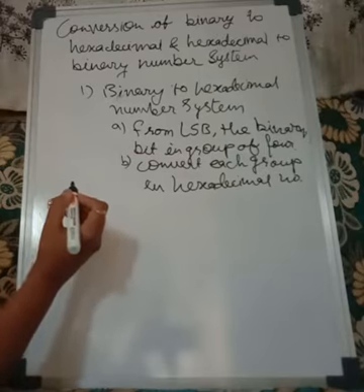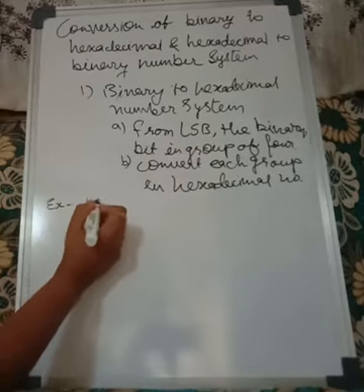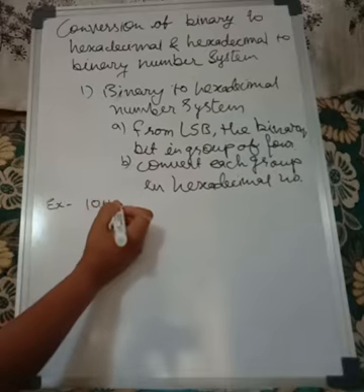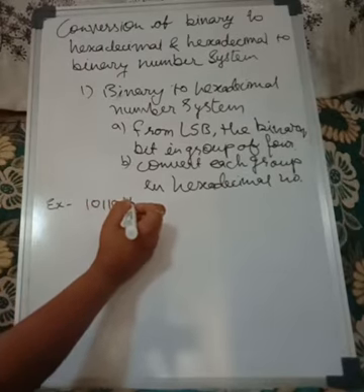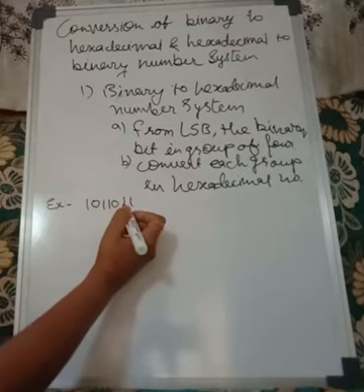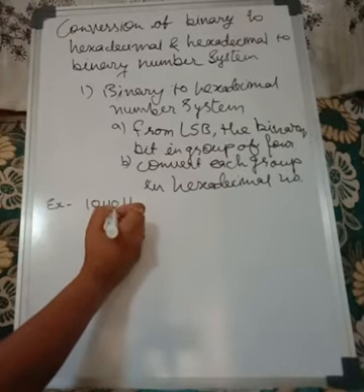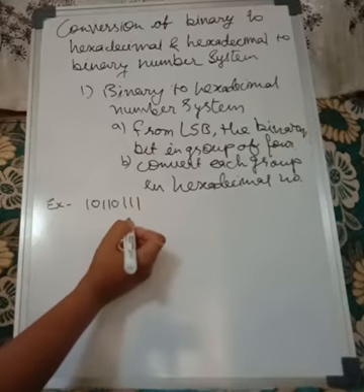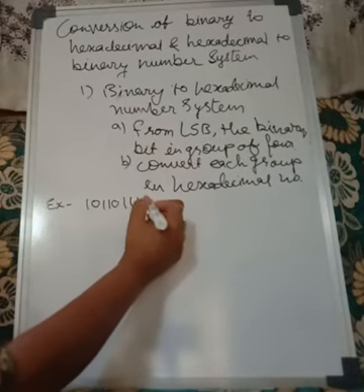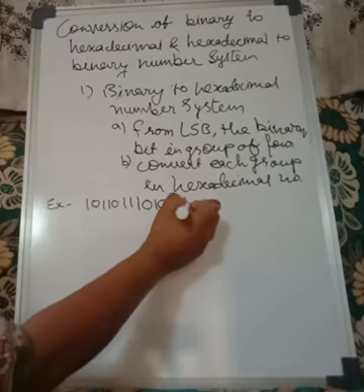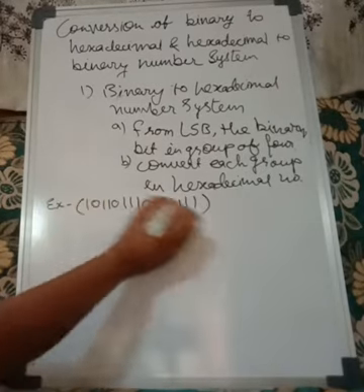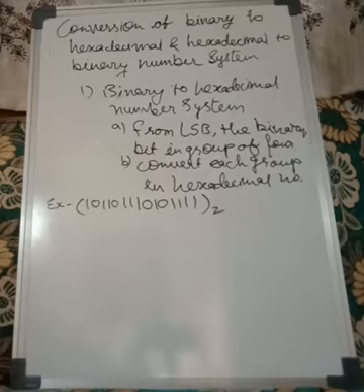So your example is 1 0 1 1 0 1 1 1 0 1 1 0 1 0 1 1 1 1. Okay, this is the binary number we have, and we are going to convert this number into hexadecimal number system.